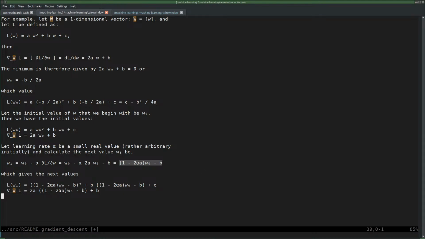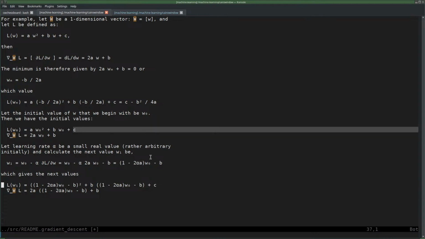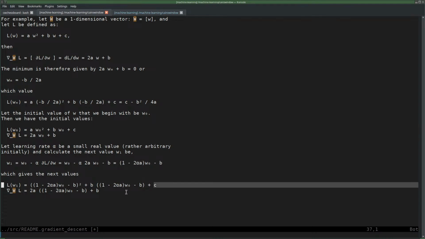I believe that this should already be enough to immediately find the minimum. Because if you assume that the loss function here is a quadratic function, the first thing, of course, is that we can get rid of the c. And then we should have at least two equations to solve for a and b.